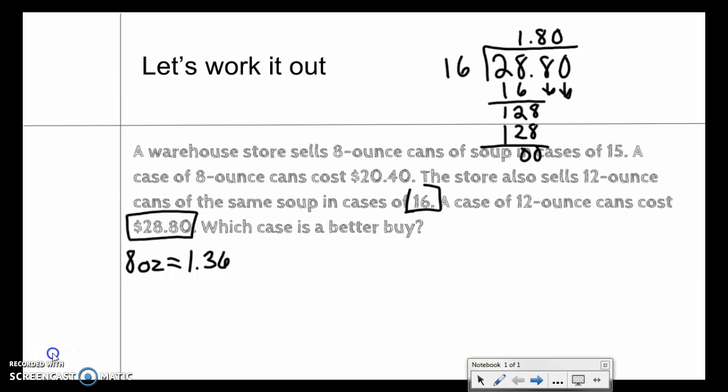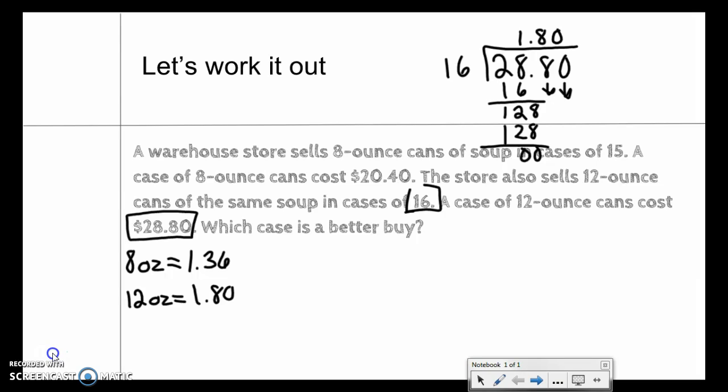Okay, so we know our 8-ounce cans were $1.36, and our 12-ounce cans, $1.80. Now, remember, we're not trying to only figure out the price of the can. We're trying to figure out what's more bang for your buck.